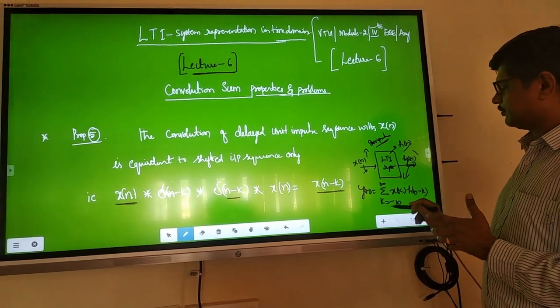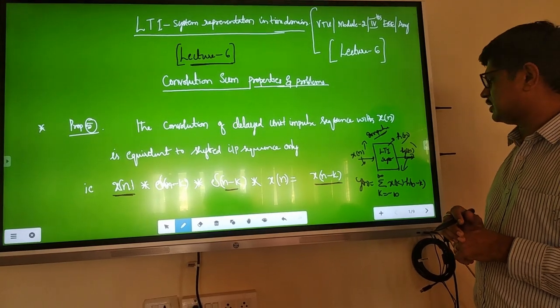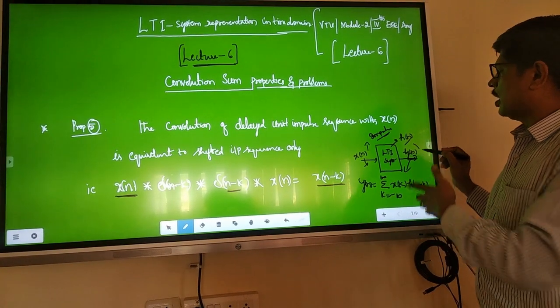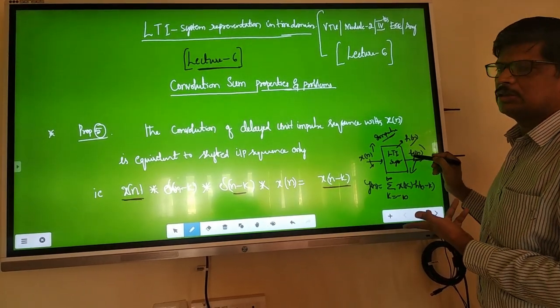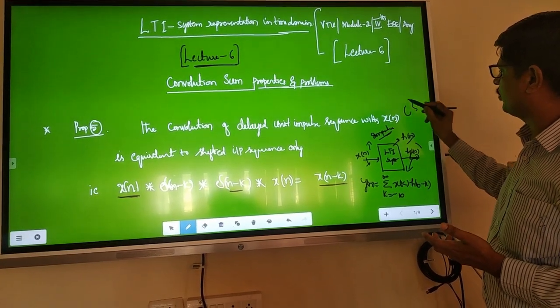How to get y of n in terms of shifted impulses, we have seen the graphical method and simple problems in the last classes. Finding the output of LTI systems for discrete time signals is nothing but the convolution sum.